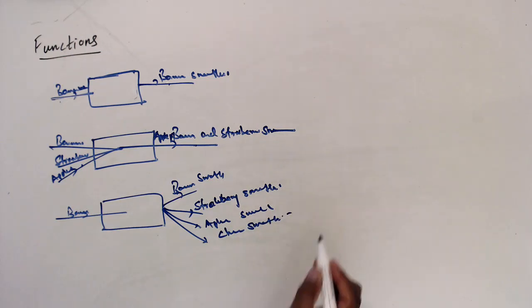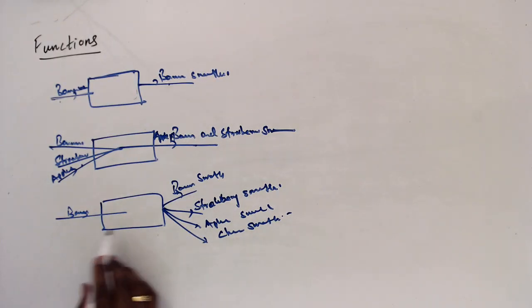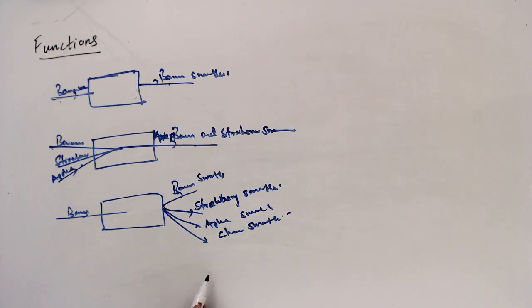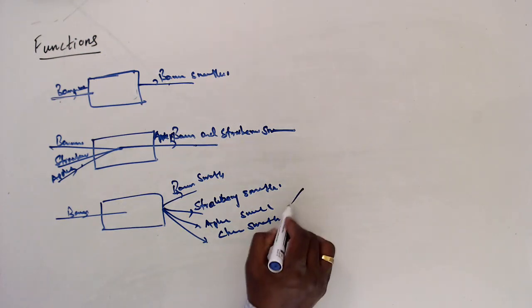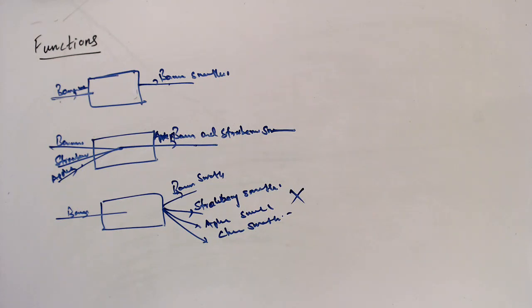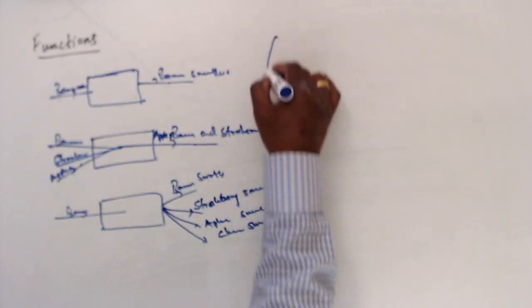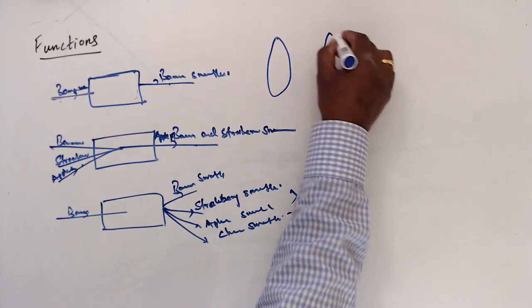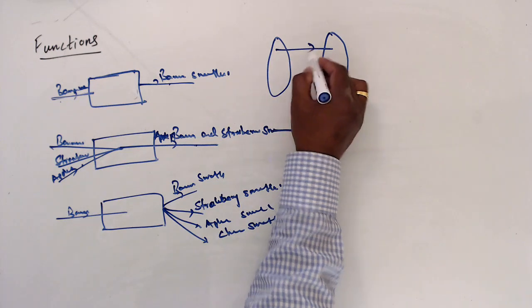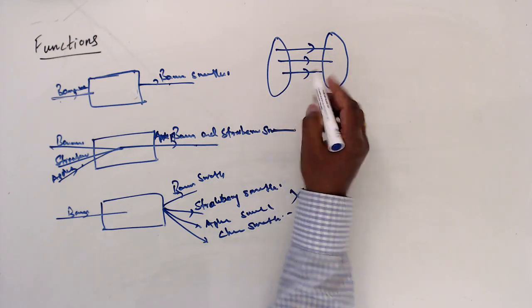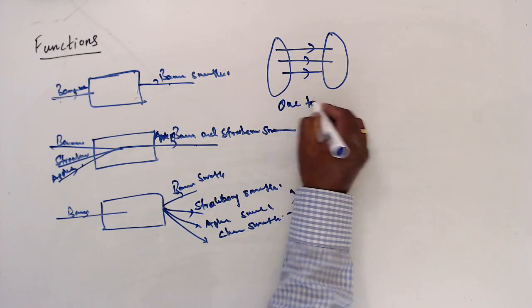It would be nice if we had it like this. When you put a banana, we get all the smoothies. No, this does not exist. So this is not possible. In terms of mapping, when you put 1, we get 1. So this is 1 to 1.